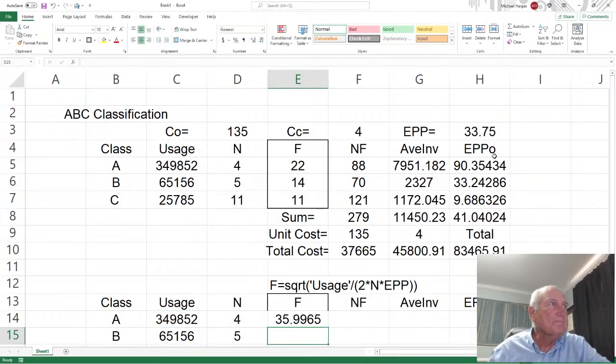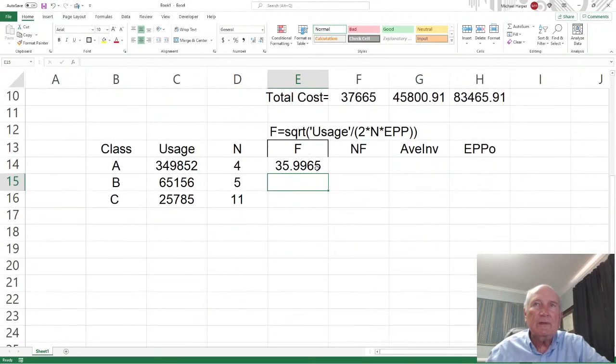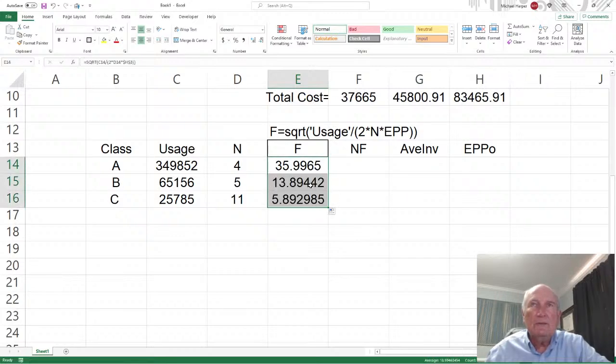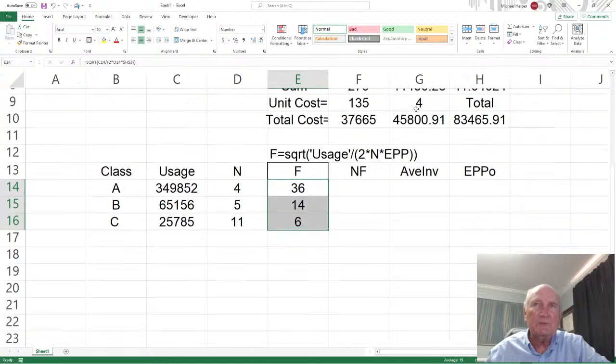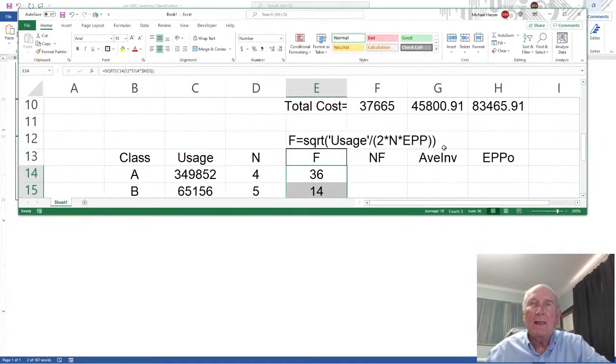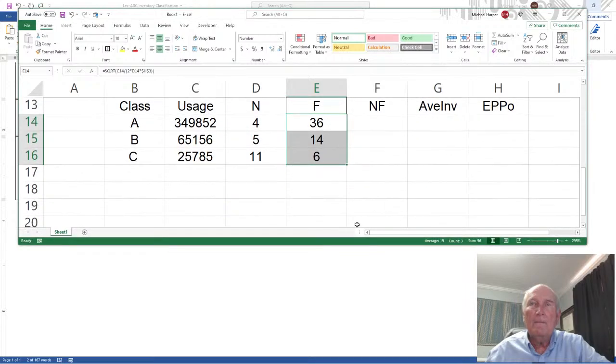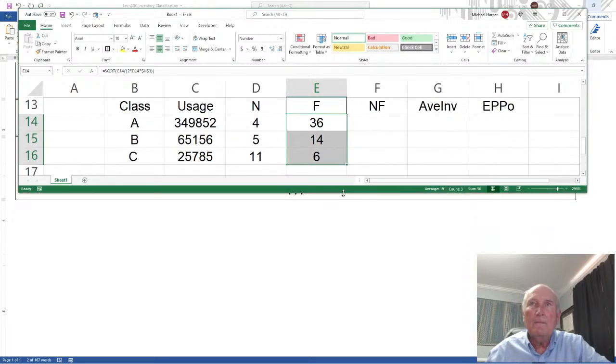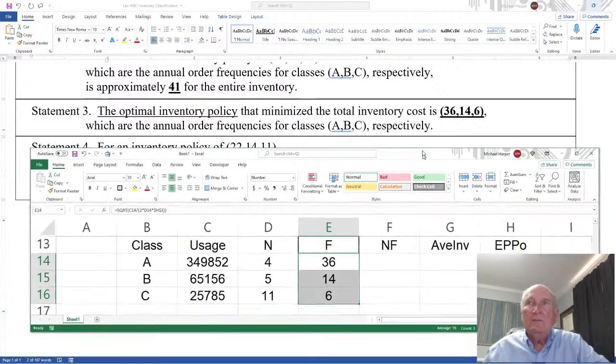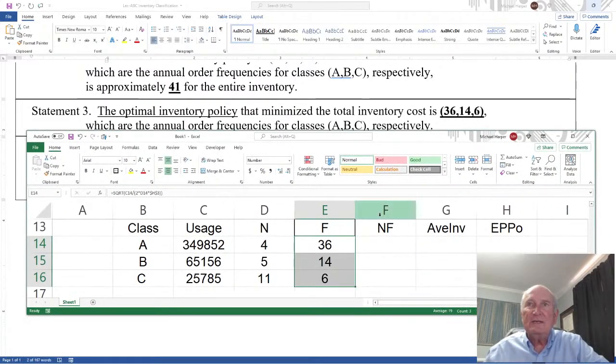Okay, and then I'll copy that down. And notice if I reduce these, all the significant figures are there, but I'm just reducing them down. And right there we can see it's 36, 14, 6, so that is the optimal inventory policy.